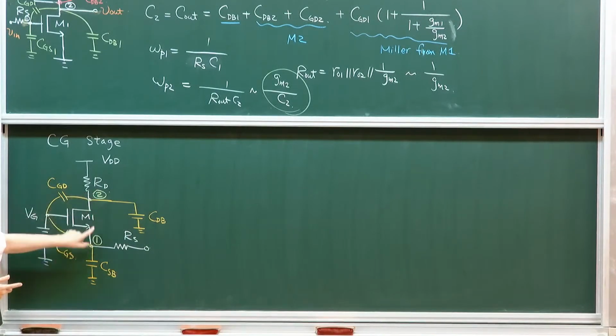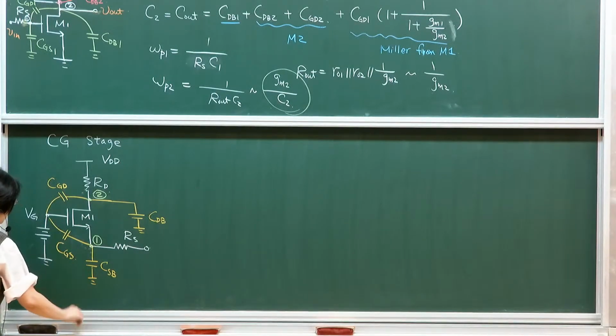There's no direct capacitance between 1 and 2, between source and drain. They're isolated. Therefore, you only see 2. This is AC ground, right? So all your capacitance are grounded in the other terminal.